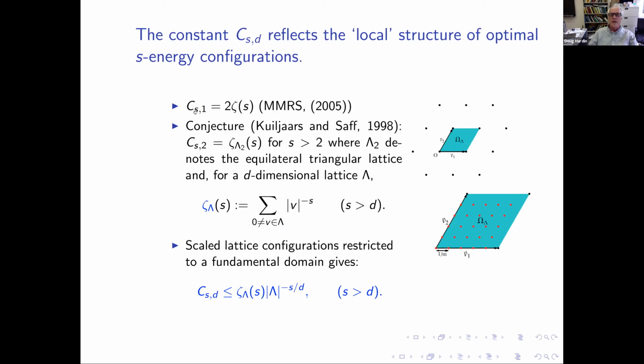As we've said, the CSD constant reflects the local structure. It's interesting that if you take scaled copies of a lattice, then you get an upper bound for CSD that says that for any lattice, CSD is less than or equal to the Epstein zeta function for the lattice times the covolume.